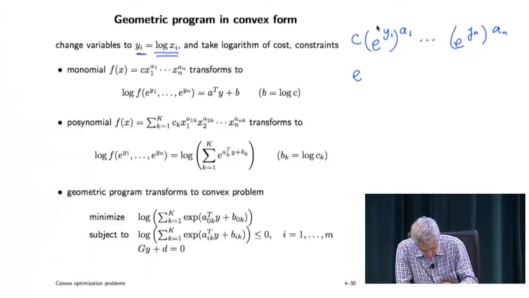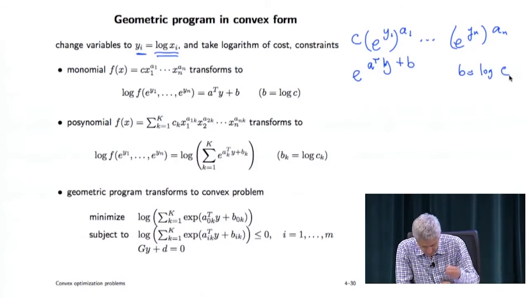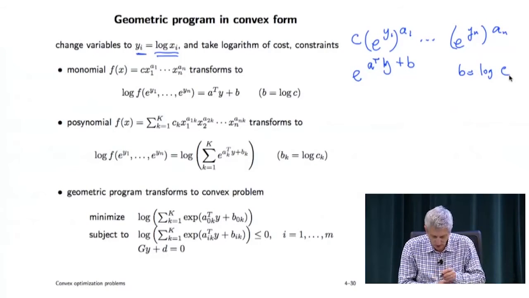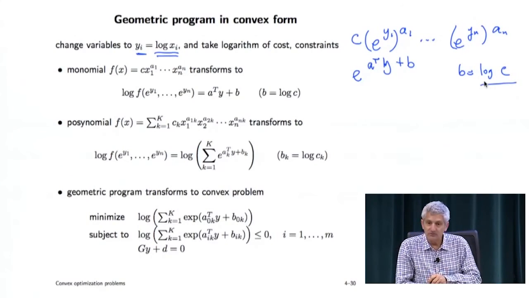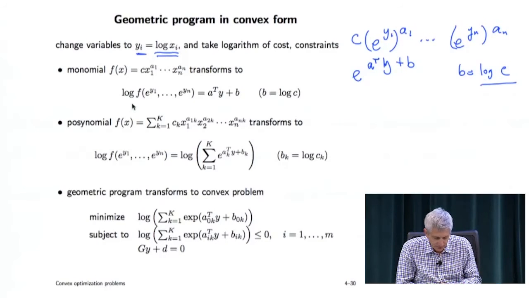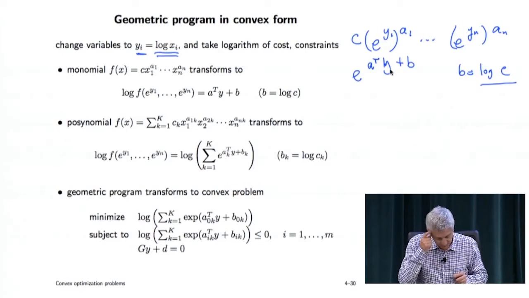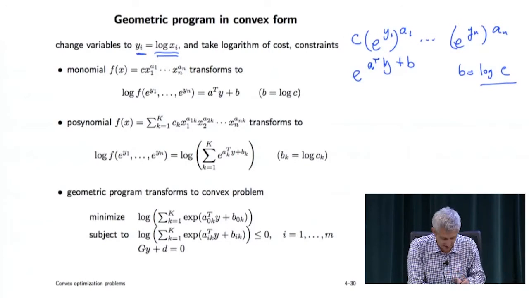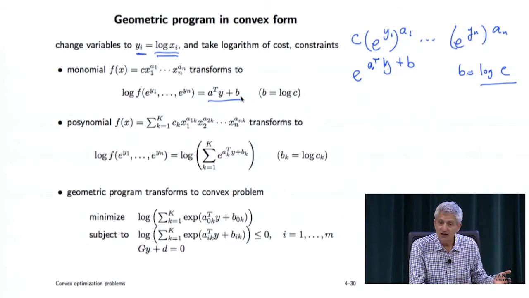That has the form, I'm going to write it this way, e to the a transpose y plus b, where b is log of c, the constant. And that's, of course, where we need c to be positive, right? And so that says that a monomial in the variables y, in these logarithmic variables, is actually an exponential of an affine function. Okay. Now, if you take the log of a monomial, you get an affine function when expressed in terms of the logs of the original variable.